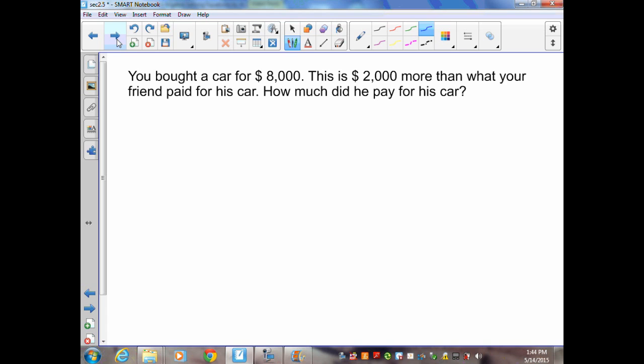Next, you bought a car for $8,000. This is $2,000 more than what your friend paid for his car. How much did he pay for his car? So again, what am I talking about in this situation? I'm talking about the price I paid for my car, the dollar amount for my car, and the dollar amount for my friend's car.